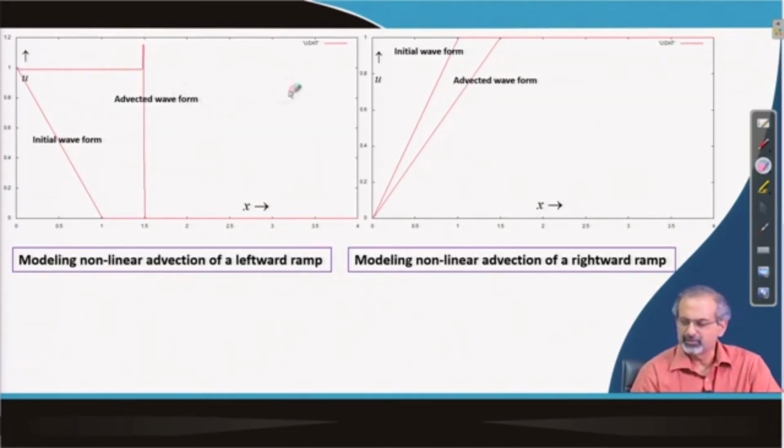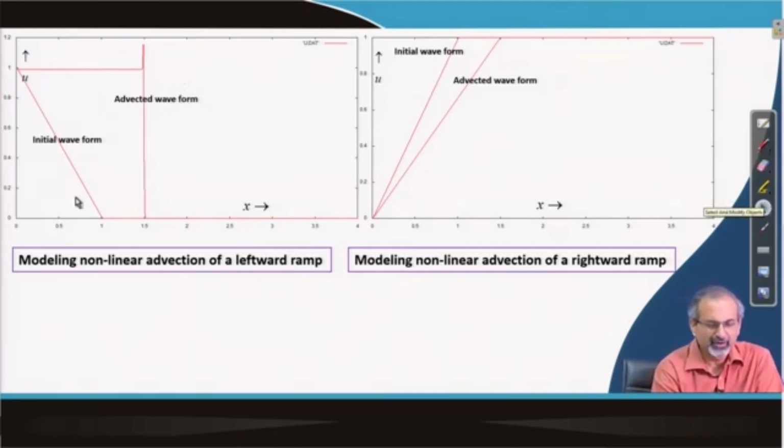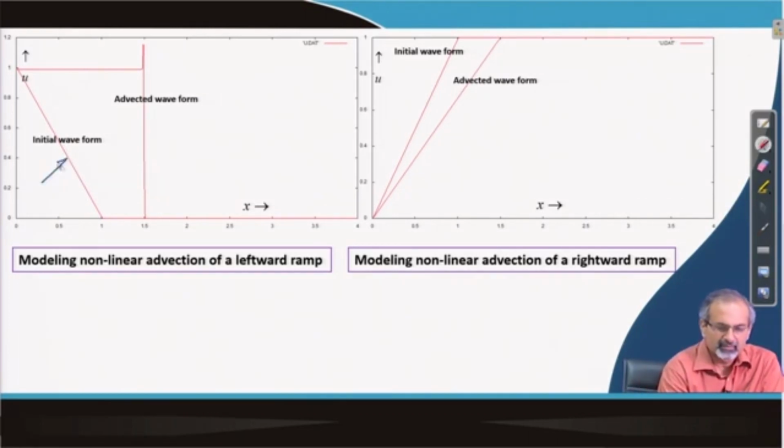Let us look at a few more examples. So, here on the left you have an initial waveform which looks like this. Now, u is plotted along the y axis, that means you have a value of u equal to 1 at x equal to 0, and then it drops to 0 at x equal to 1.